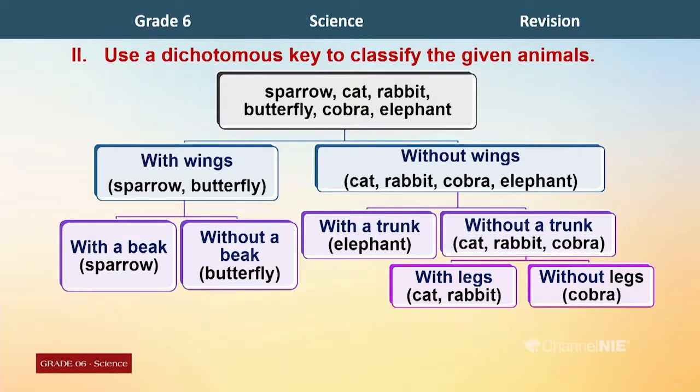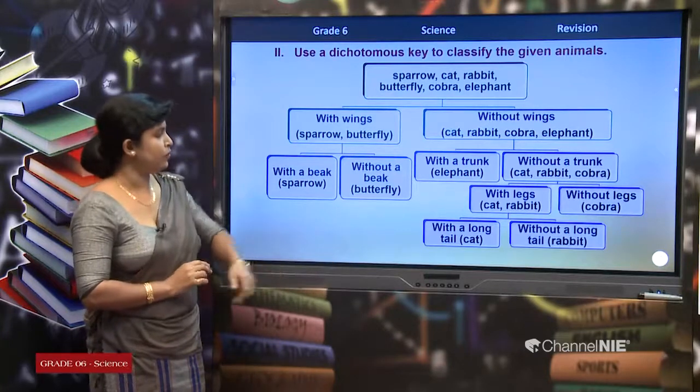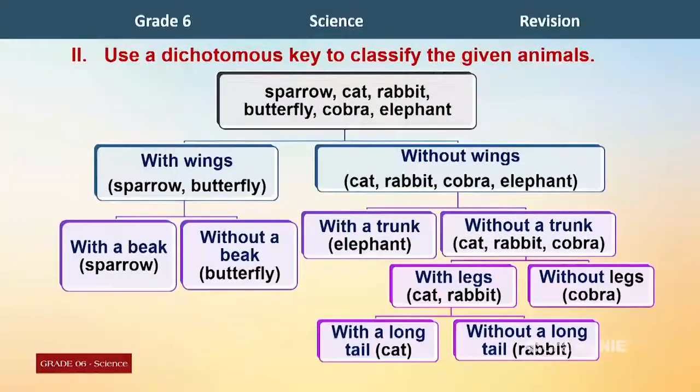The cobra does not have legs, it is a type of snake. Again, the animals with legs are divided into two groups in this way: with a long tail and without a long tail. You know that the cat is an animal with a long tail. We can easily identify that external feature, and without a long tail, the rabbit, it has a short tail.